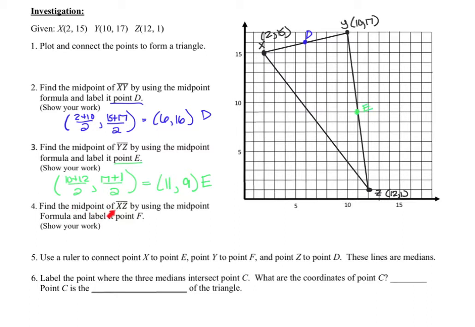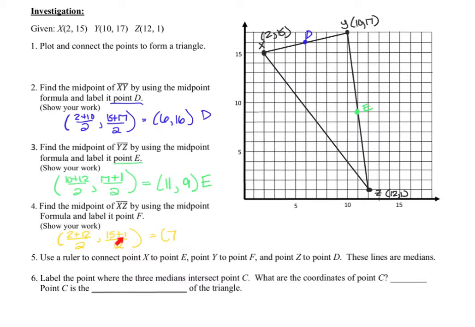Lastly, we're going to find the midpoint of segment XZ, which would be along this segment here, using the midpoint formula. Then we're going to label it point F. To average the x values, we would add 2 plus 12 divided by 2, and the y values would be 15 plus 1 divided by 2. 2 plus 12 is 14. 14 divided by 2 is going to give me a 7.